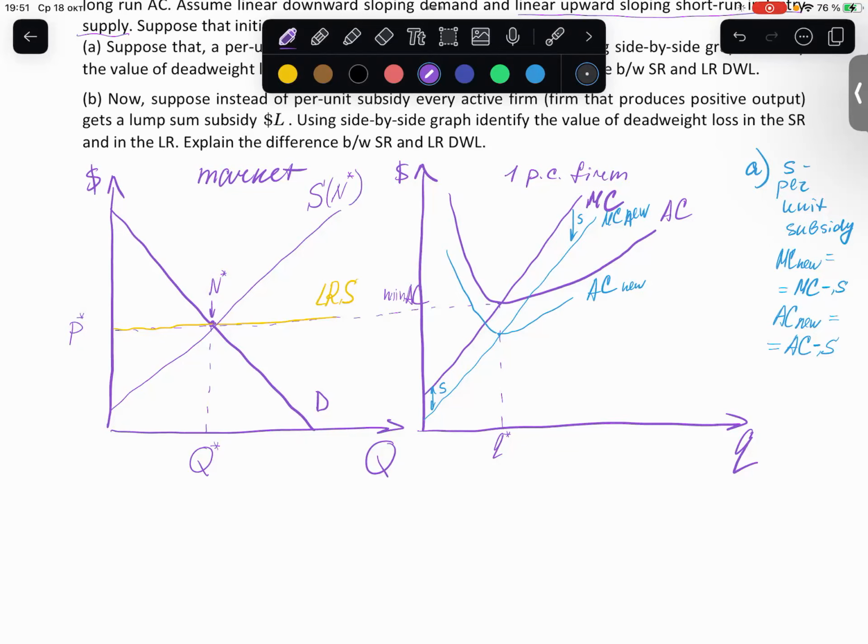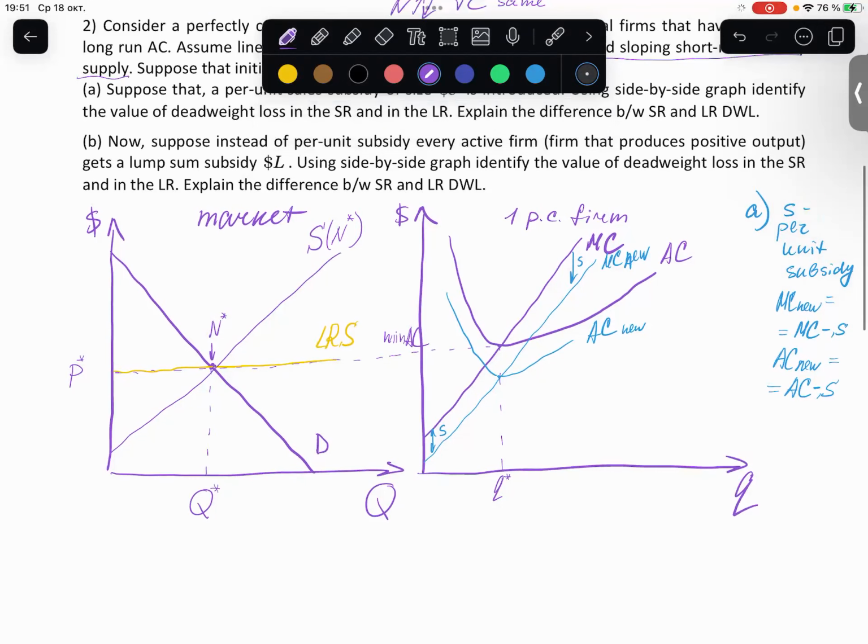Why is it linear? Because marginal costs are linear, and it is written in the task. Now it is cheaper for each firm to produce each unit. So we have the parallel shift of the market supply curve, because all marginal costs also shift down.